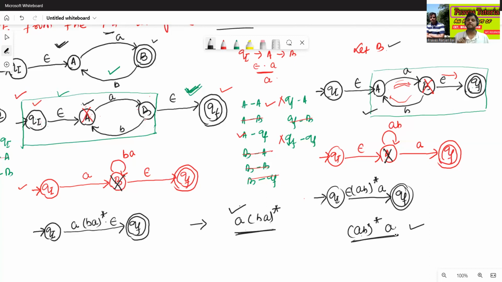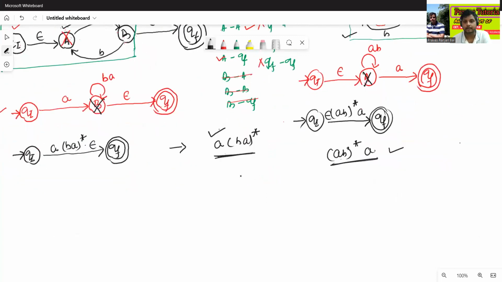So finally we conclude that for one given finite automata, many regular expressions exist. This is a very important point. For any one finite automata, many regular expressions exist.